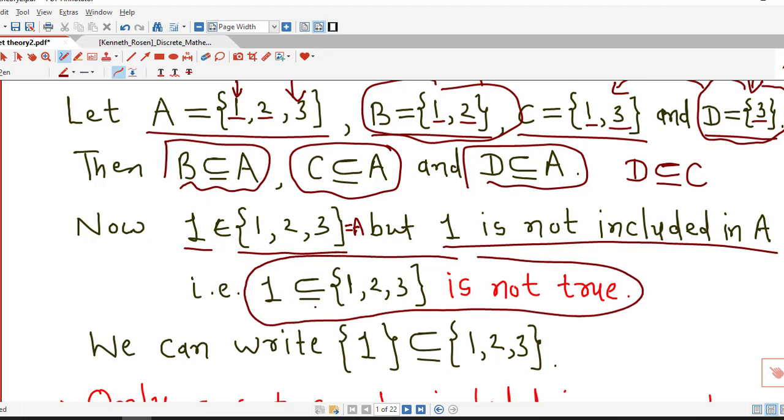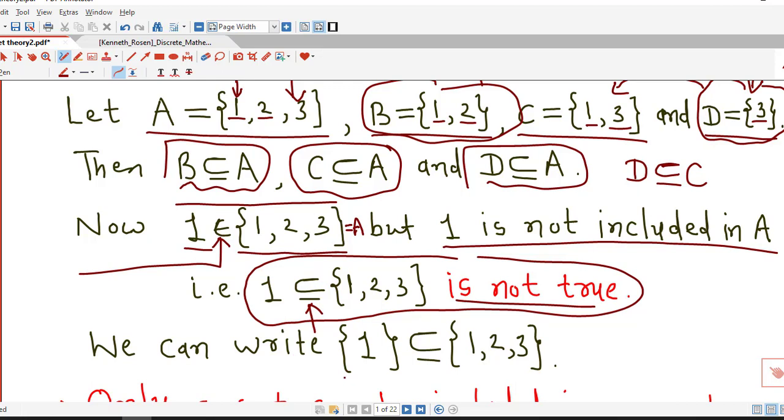This inclusion notation is only for sets. If 1 is a member of set A, we use the membership notation, belongs to. If we use the inclusion notation, it is not correct. So this statement is false: 1 is a subset of {1, 2, 3}.